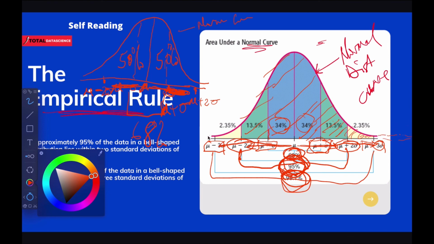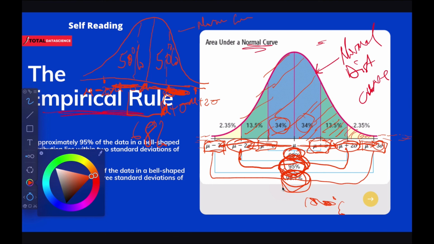That's why you capture 99.7%, but not exactly 100%, because this thing doesn't even end. But if you go three standard deviations away from the mean, you know that you've captured 99.7%.